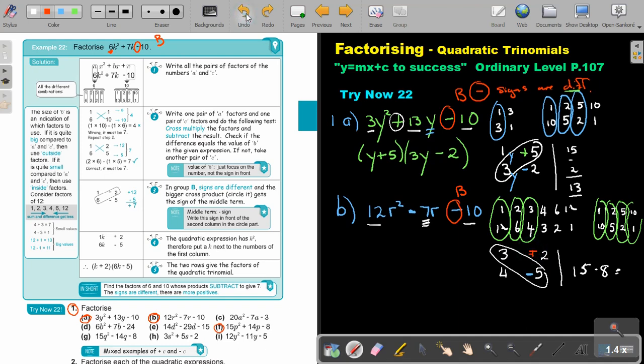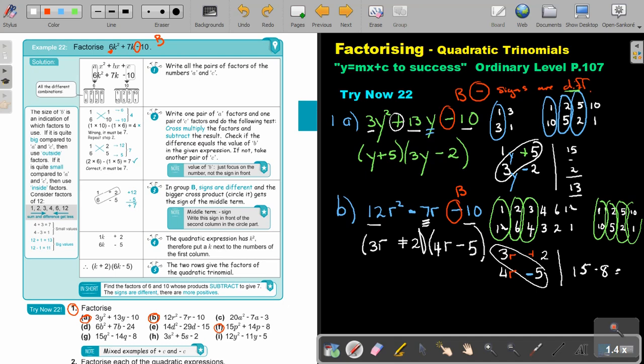And then this one is going to be r, and then this one is going to be 3r plus 2, and this one is going to be 4r minus 5. This one was a bit more challenging.